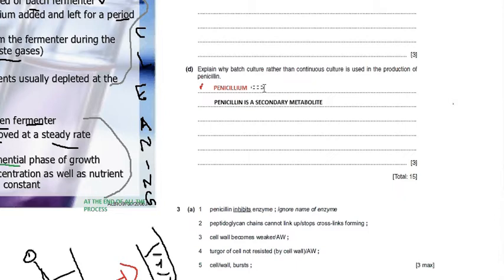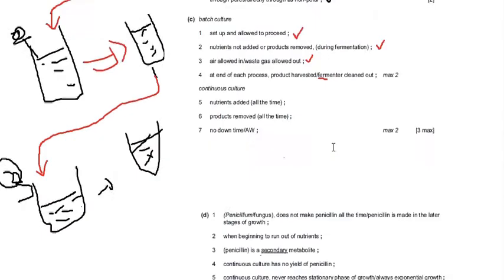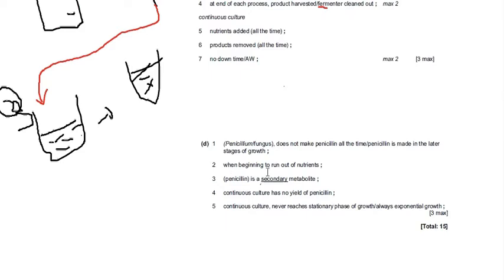Penicillium does not produce penicillin until the final stages, when you begin to run out of nutrients.